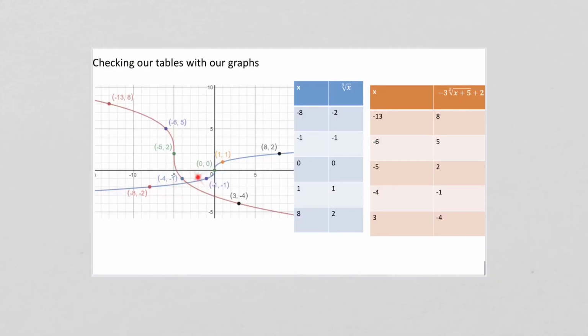here is the original graph of cube root x. Okay, cube root of 1 is 1, cube root of 8 is 2, cube root of -1 is -1. This forms this curve. Okay, if we perform all these transformations where we're shifting it 5 to the left and 2 up, and then we're flipping it vertically and we're making it steeper by multiplying by 3, this is the result.